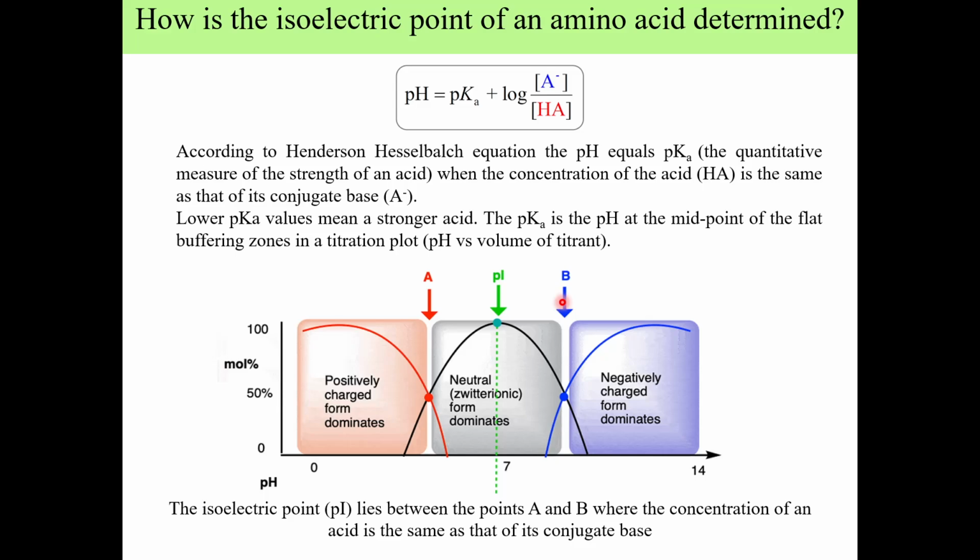Besides pKa1 and pKa2, for amino acids with a charged side chain there is a third component, pKr, for the R side chain. The isoelectric point pI lies between the points A and B, where the concentration of an acid is the same as that of its conjugate base.